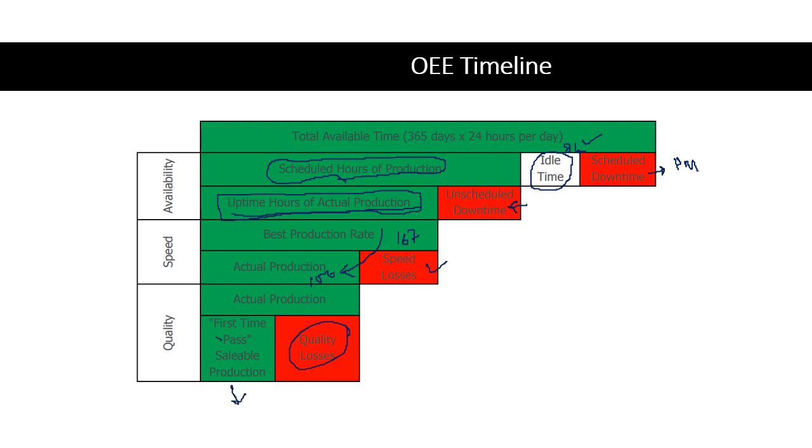In our case, out of 100 there are 8 products which are quality loss product. So ultimately we get 92 products here. So this timeline is very important, and you can take a printout and fix it on the wall of your office. This will give you a clear understanding of how to calculate the OEE.